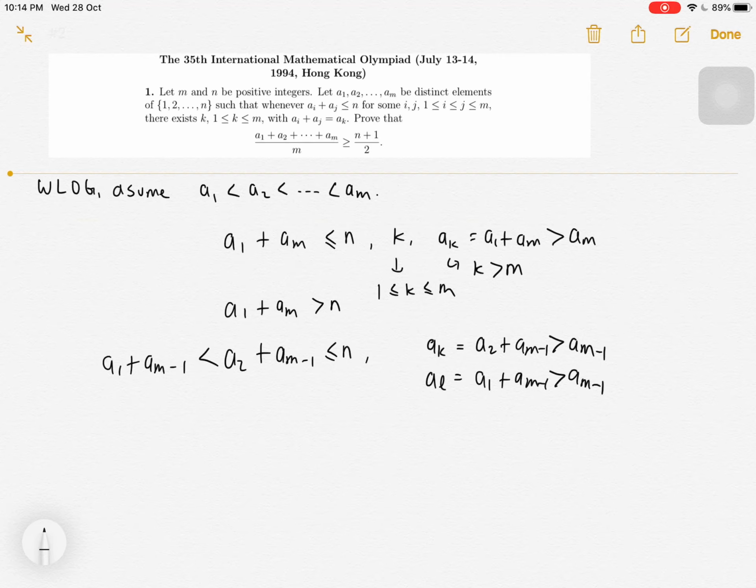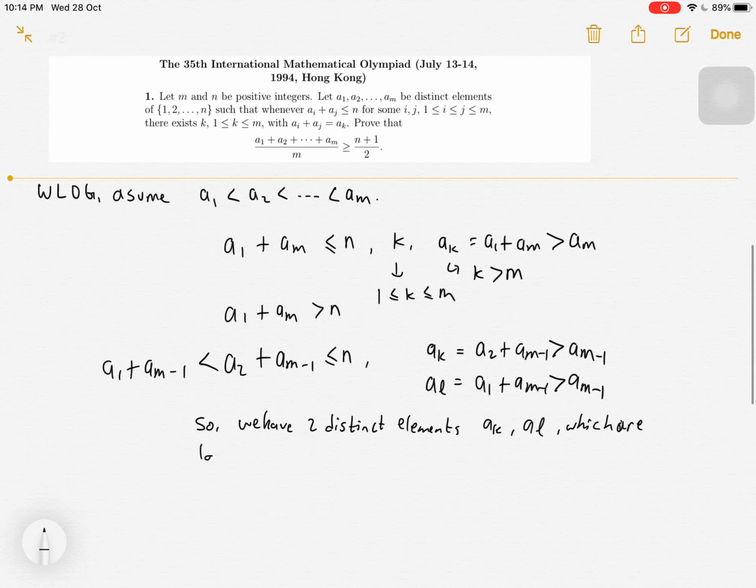So we have two distinct elements, ak and al, which are larger than am minus 1, which contradicts the fact that the only element larger than am minus 1 is am.